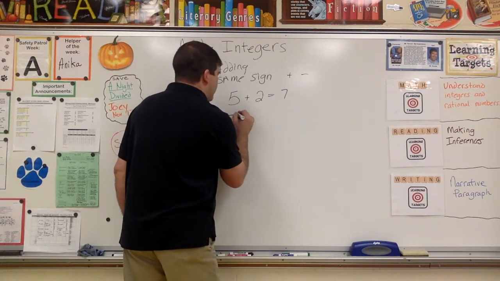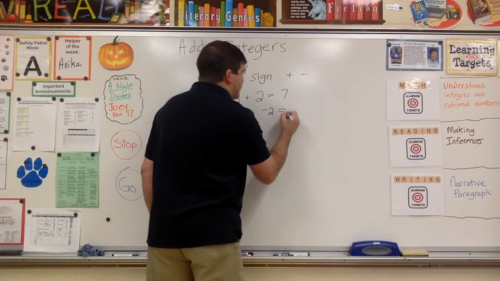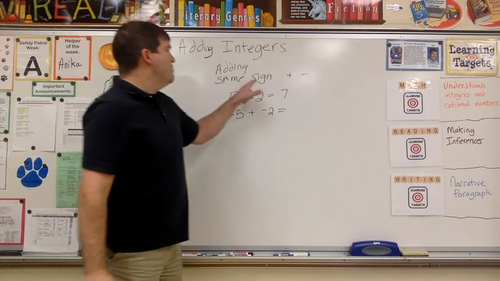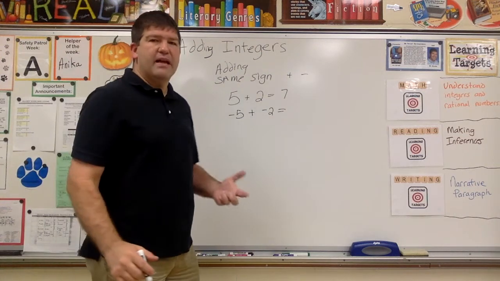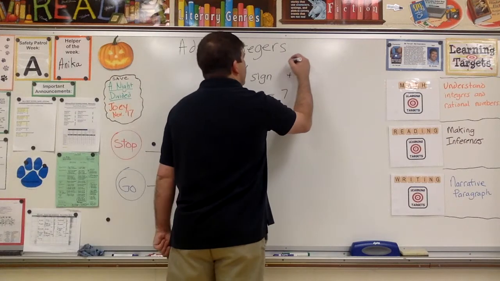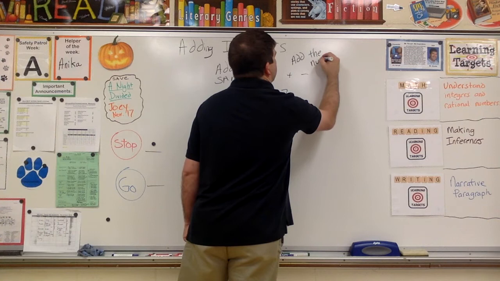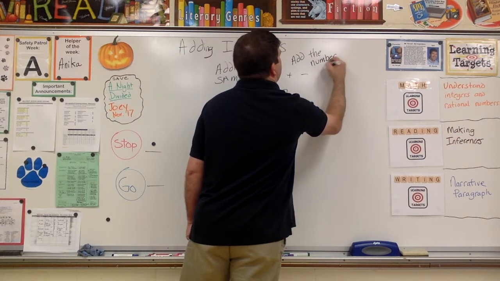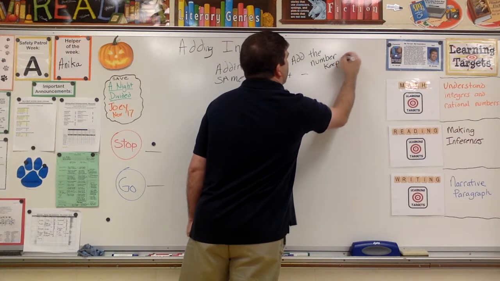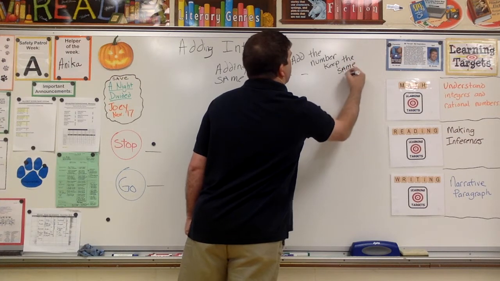Now, if I have negative 5 plus negative 2, same sign, I just keep the sign. Add the numbers, keep the same sign.